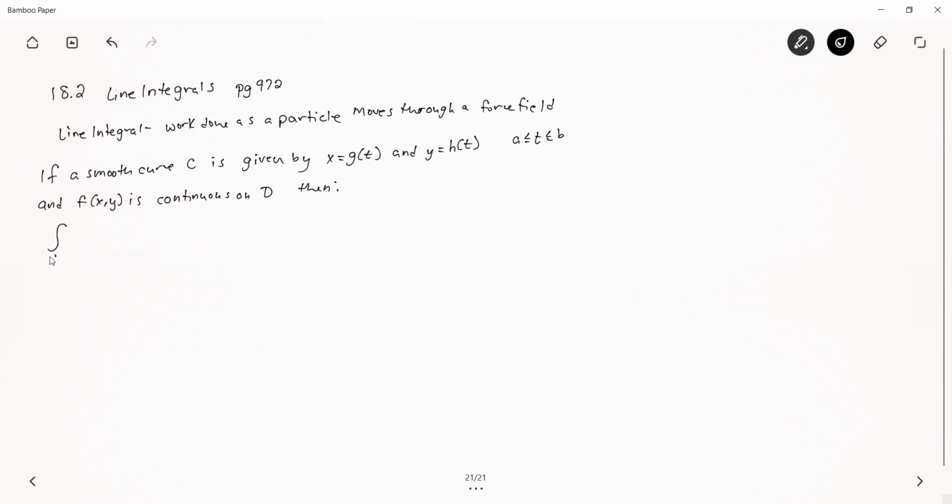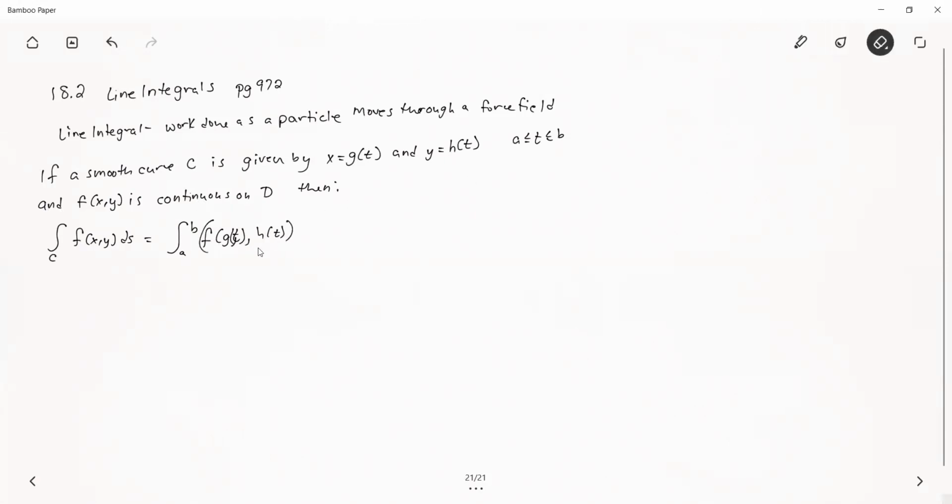So it's the integral over the curve of your f of x, y ds. I'm sorry, ds. dx is going to be next here in a minute. This is ds. Okay? And basically that's just the integral from a to b of f of g of t, comma, h of t.